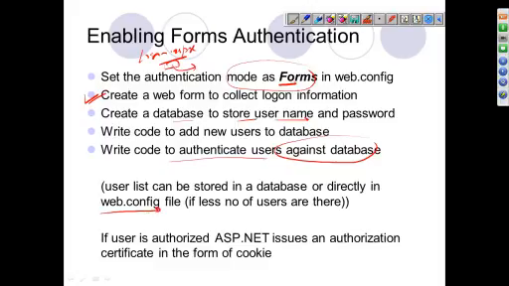Here I will show you an example of forms authentication, and I will use the web.config file to save the users. But this is not mandatory. You can save the users in a database, and write ADO.NET code to match the credentials against the database.